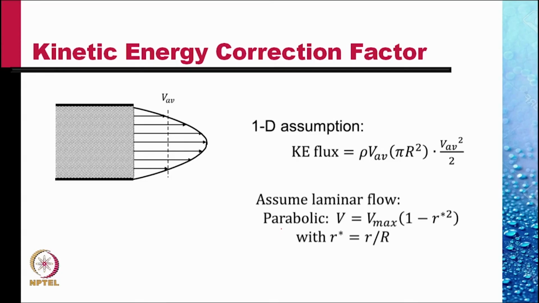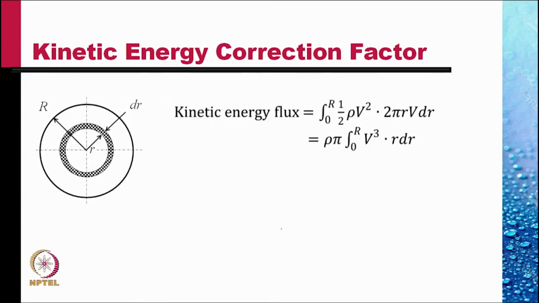Now, let us assume a laminar flow. In a laminar flow, the velocity profile is given as V is equal to V max into 1 minus r star square, where r star is r by capital R, the radius of the inlet pipe. We have shown earlier that V max is twice the V average. Now, the actual kinetic energy flux would be obtained by considering a ring of thickness dr at radius r.